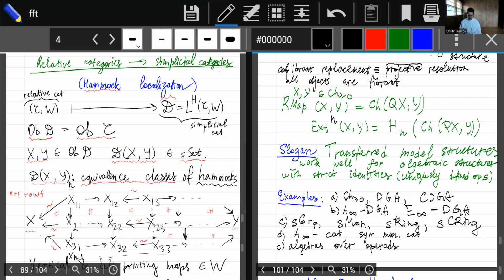All the examples you are familiar with, like chain complexes, differential graded algebras, commutative differential graded algebras, but also operadic constructions such as A infinity DGAs, E infinity DGAs, simplicial groups, simplicial monoids, simplicial rings, simplicial commutative rings, structures like A infinity categories, symmetric monoidal categories, simplicial categories, all admit transfer model structures.